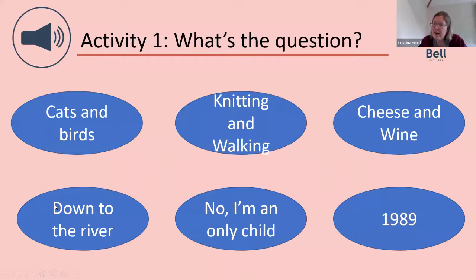So here we have our first activity. That was the warmer for this activity, or a warmer that you can use in your own class. So here we have an activity, what's the question? If I give you the answer, which is cats and birds, what was the question?